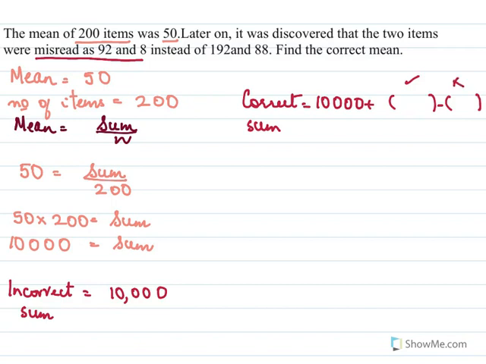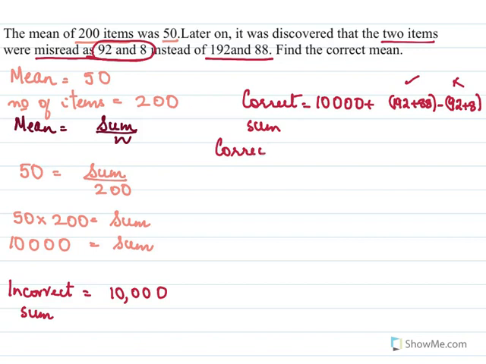It's given the two items were misread as 92 and 8. So these were the wrong ones. This has to be subtracted instead of 192 and 88. So this 192 plus 88 have to be added because they are the right ones.